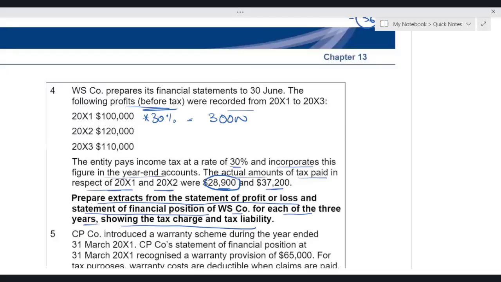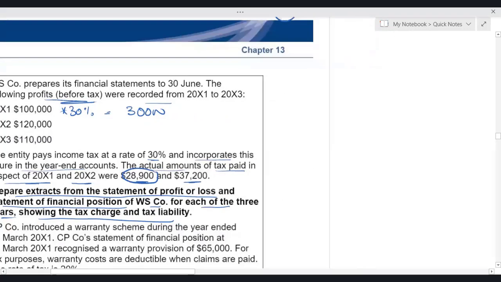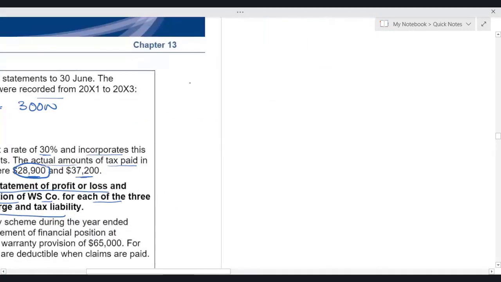And that under or over provision will affect the income tax expense of X2. And relating to X2, if there is any under provision or over provision, you will get to know in X3. And your under or over provision of X2 will impact income tax expense of X3. So let's try here. Let me show you one working.